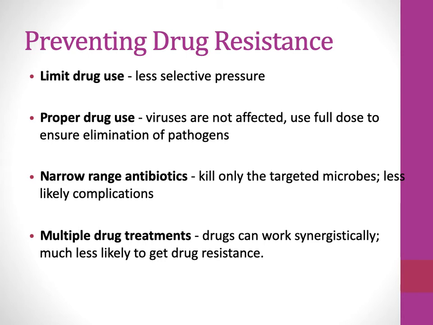So, there's a reason why you're supposed to take some of them for 7 days or 10 days and some of them for 14 to 21 days, because of the mechanism that they work by. Cell wall inhibitors tend to have a shorter dosage time, whereas something like a protein synthesis inhibitor like tetracycline tends to be a longer course.